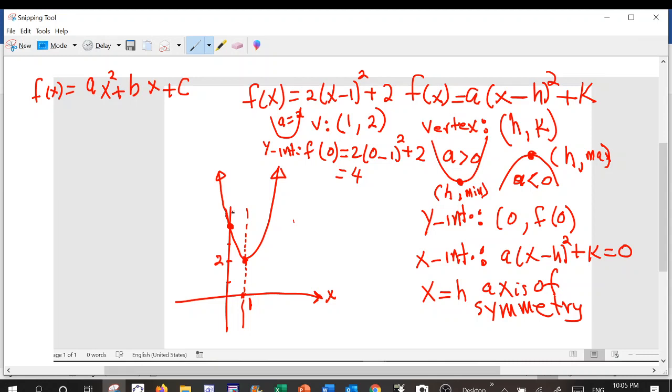Okay, so that's how we deal with this form of quadratic function. What if we have this form? Well, this form is exactly the same procedure to graph it, except the vertex is not clear over here, right? The vertex here is h and k, but what about here?